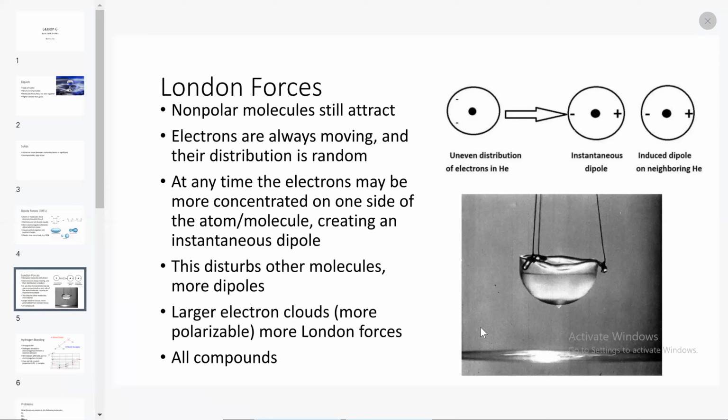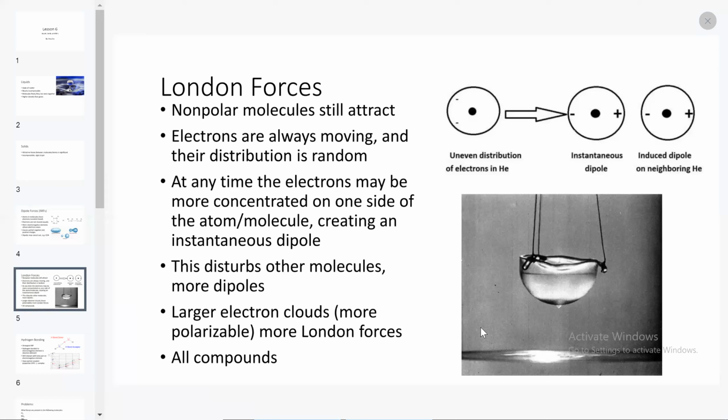However, fluorine, F, is a much smaller atom. It has fewer electrons, and it's less polarizable. So in fluorine, we have very weak London forces. So F2 is a gas, but I2 is a solid. So you can see the effect of this differing strength in London forces.